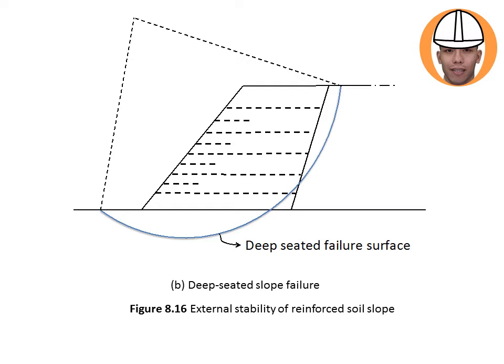Okay, it runs deep on the foundation of this reinforced soil slope. So that is one of the possibilities, because this arc represents the arc of failure surface that can induce the soil erosion of this reinforced soil slope.